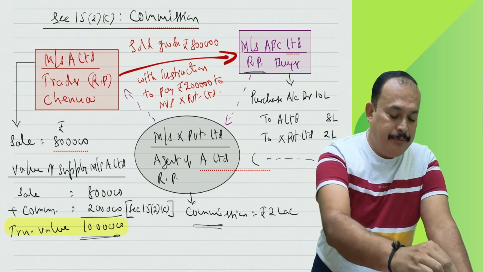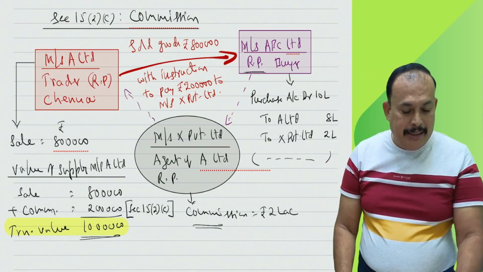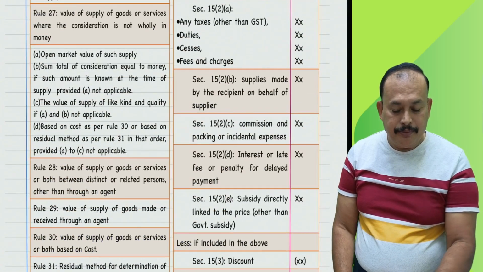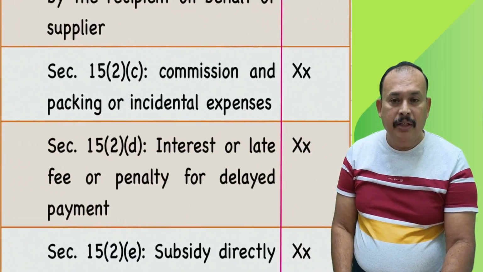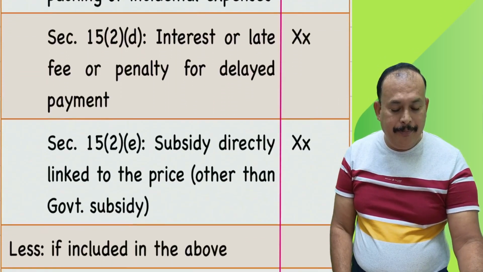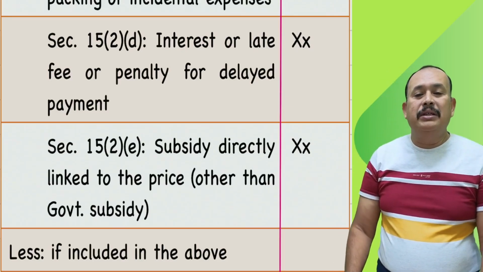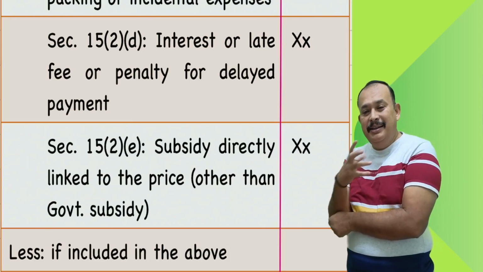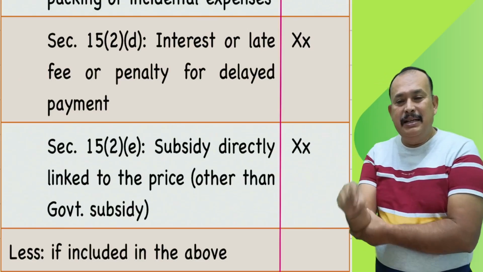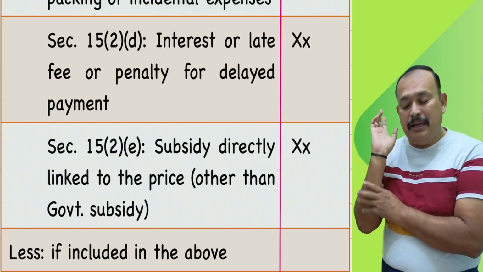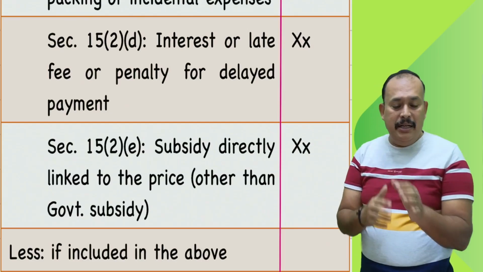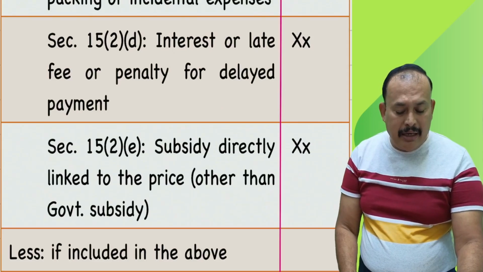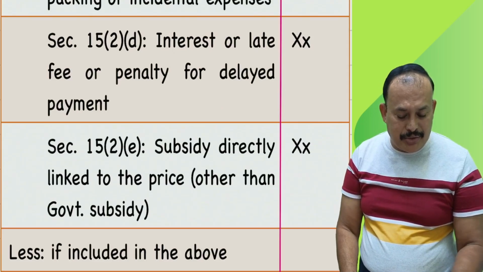Further, my dear friends, come back here. Section 15.2(c) we understood. Thereafter, 15.2(d), which talks about interest or late fee or penalty for delayed payment. Here also there is an important point. Generally, I will bring this to you in a simplified numeric example that gives more clarity to help you understand this.